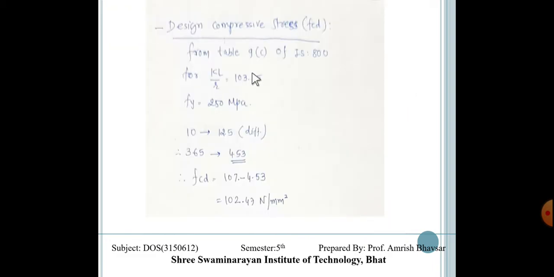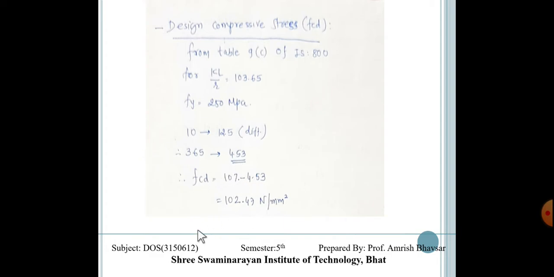So the design compressive stress FCD, from table 9C in IS 800:2007, for this KL upon r 103.65 and fy 250, the value lies between 10. For the difference of 10, it is 12.5. For the 3.65, what will happen? It is 4.53.